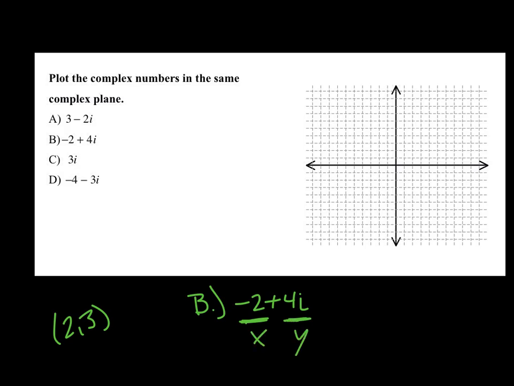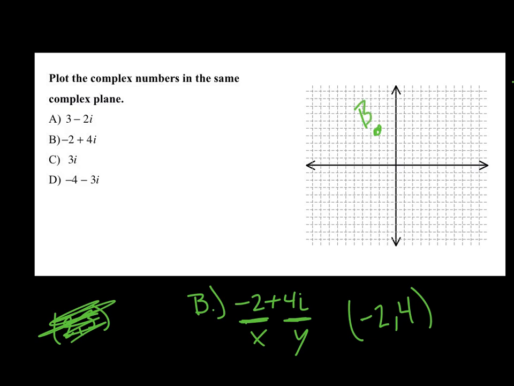If those are the values that associate with each direction, then this point would be at -2, 4. And that's all there is to it. So point B is at -2, 4.